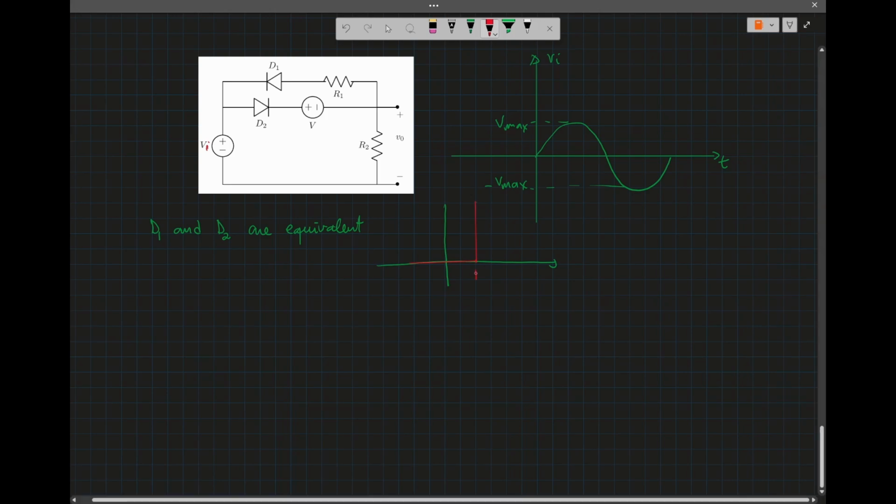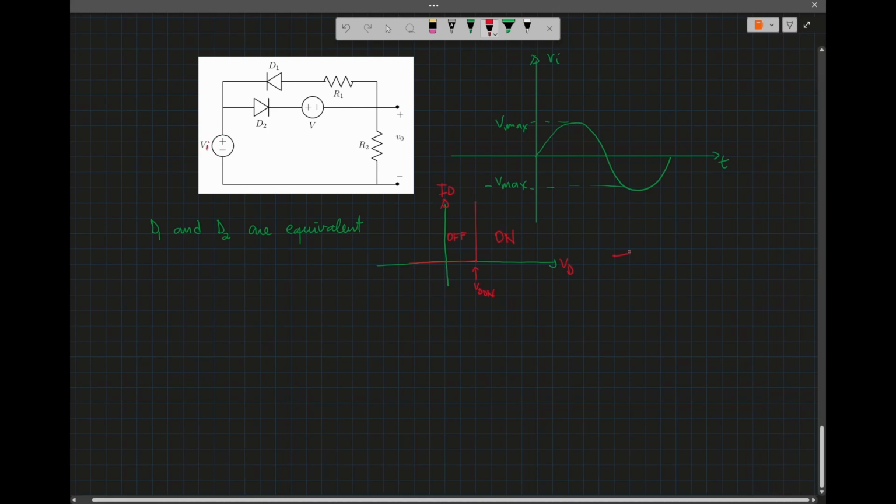The voltage here is what we call VD when the diode is on. So this is VD and this is ID. In this area, when the voltage is above the threshold, the diode is on, and the diode will be off when it's below the threshold.